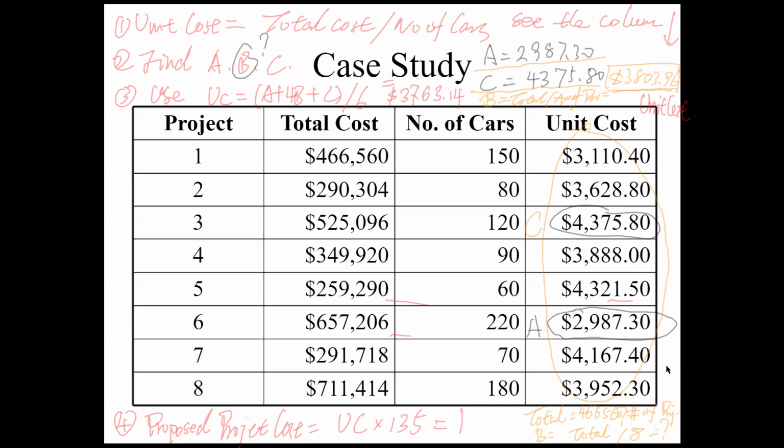That's good. So since you got that number, you will be able to find the project cost. It will be UC, putting UC here, and times this 135. What number you get for your project cost?